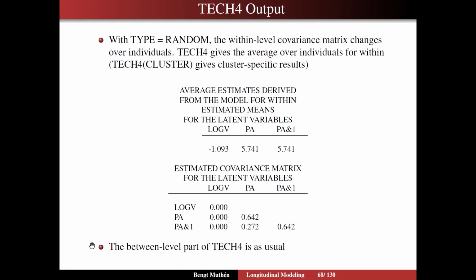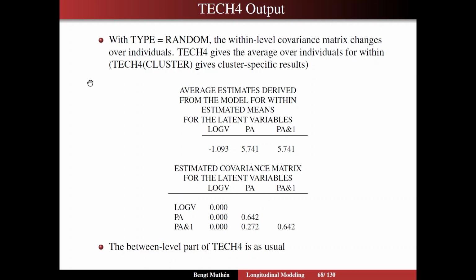Let's go to slide 68 and take a look at TECH4, because that has some new features when we work with type equals random. Just to remind you, we have type equals random because we are allowing for individually varying residual variances, so random variation across individuals.